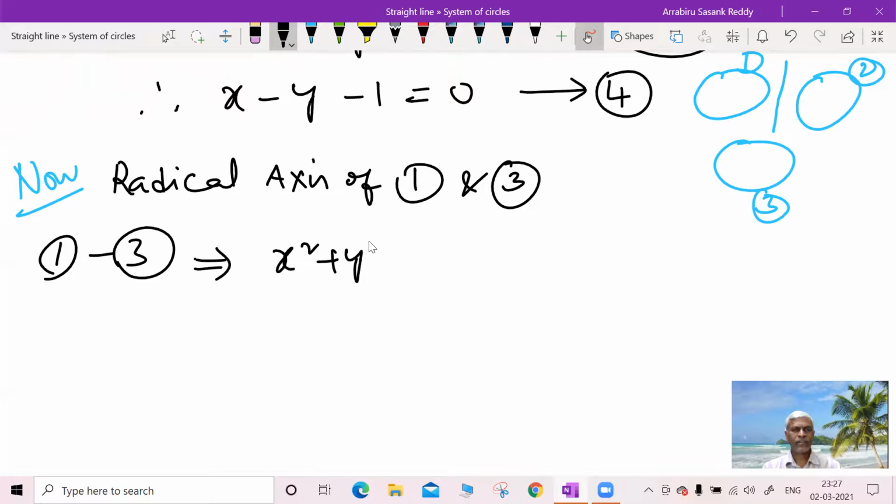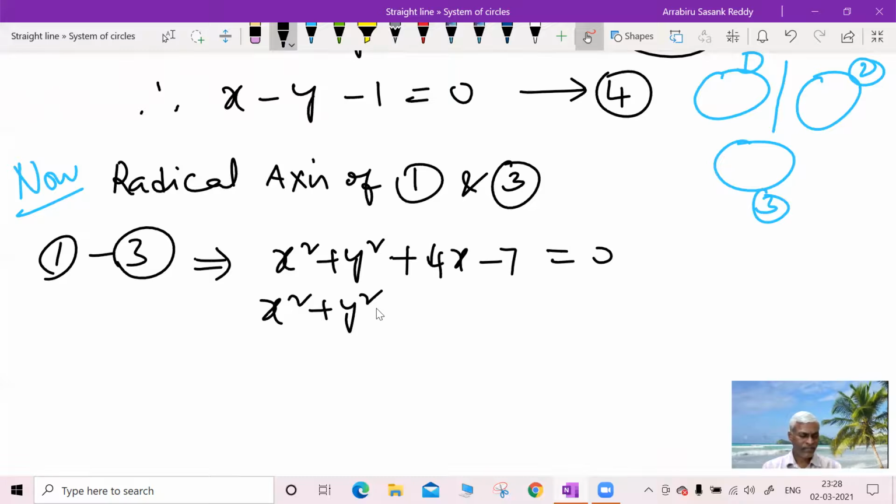The first one, x square, y square plus 4x minus 7, minus x square, y square plus y is equal to 0.